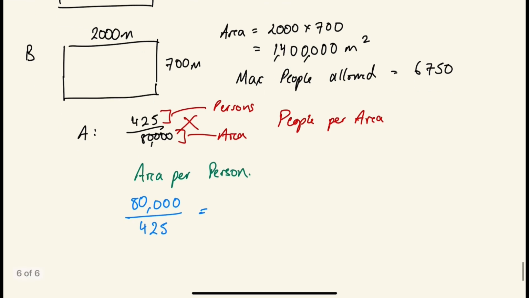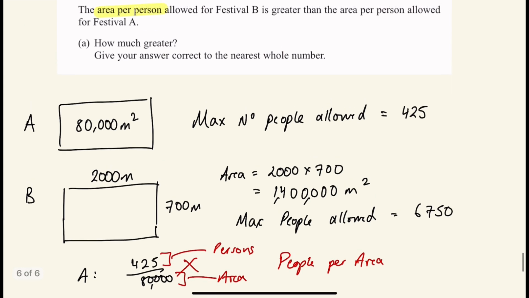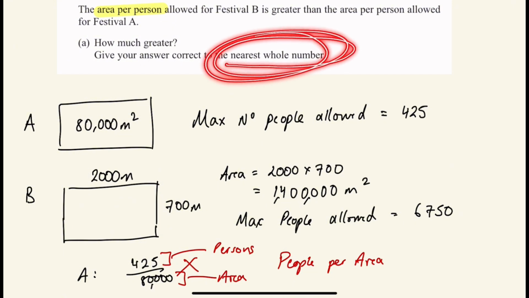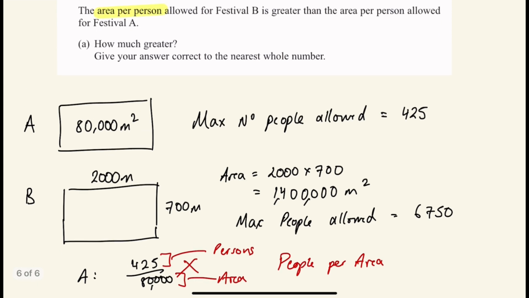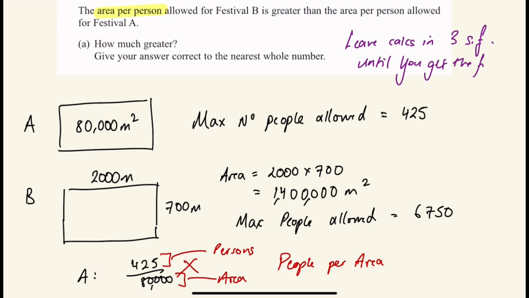Now, I always like to give answers to 3 significant figures initially. The question here says to the nearest whole number. I always think it's best to leave calculations in 3 significant figures until you get the final answer.